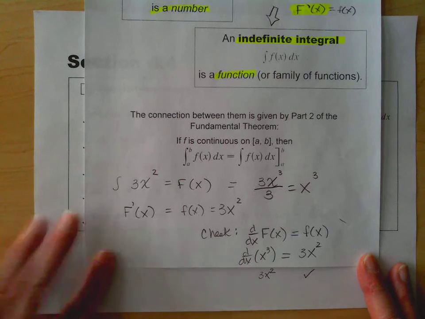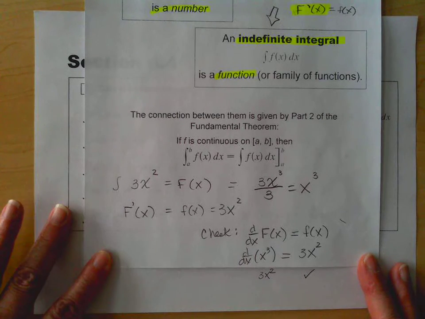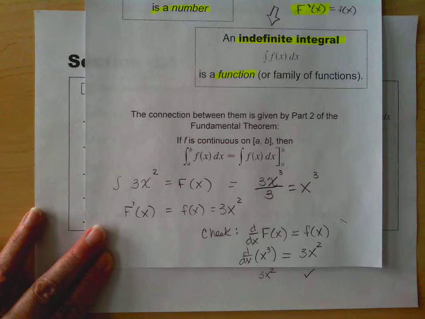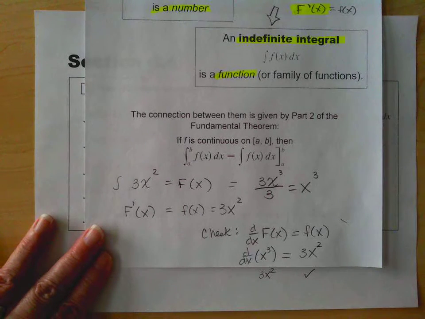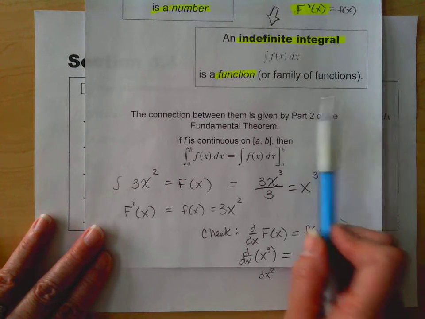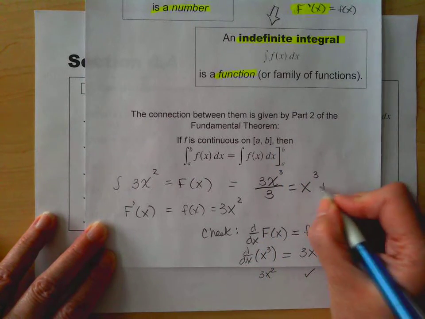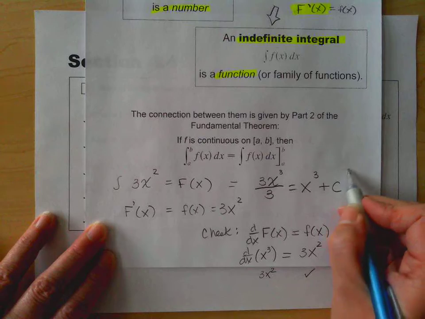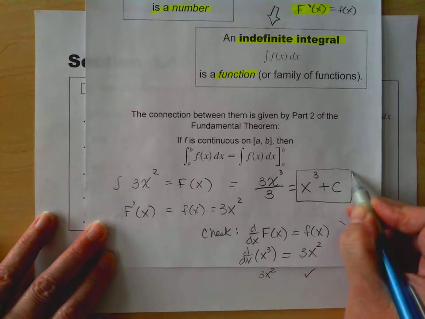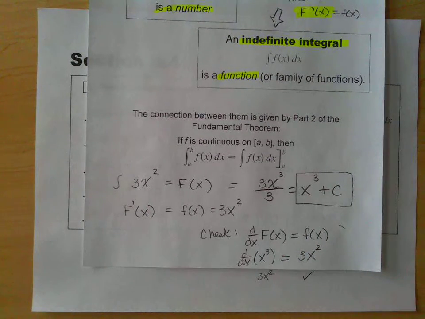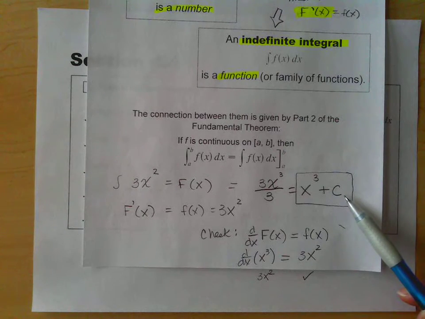Because it's an indefinite integral, we have to take into account that there's actually a family of functions. So I'm going to add a C, because there's an infinite number of functions whose derivative is 3x squared. For example, x cubed plus 1, the derivative is 3x squared.